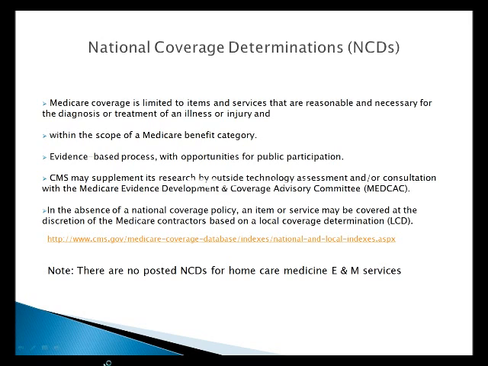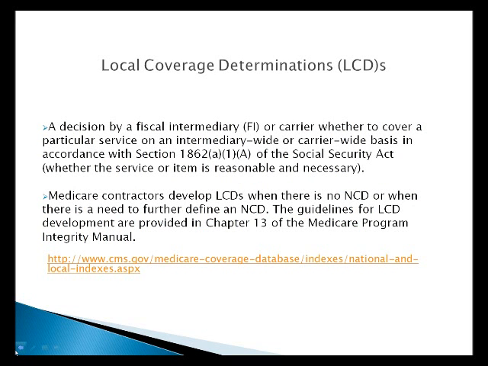And then in the absence of a national coverage policy, an item or service may be covered at the discretion of the contractor. We do not see any posted national coverage determinations for your home care medicine evaluation and management services.